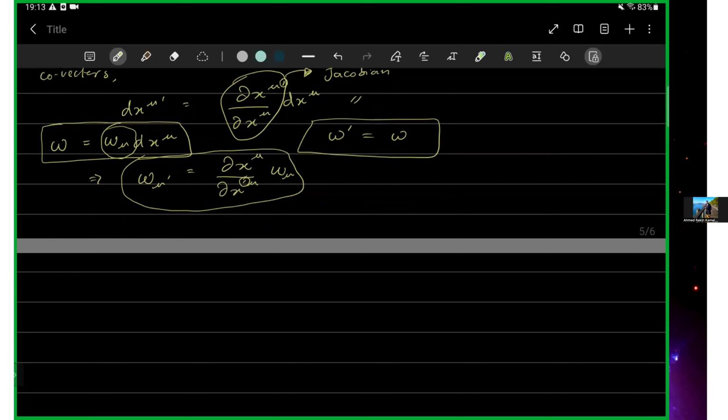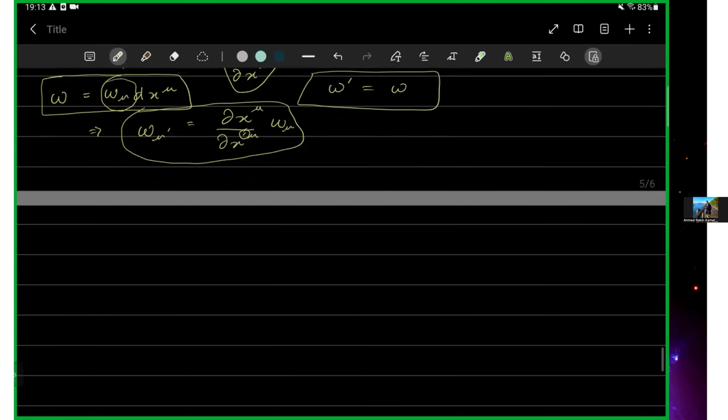Okay, so from our definitions of vectors and covectors and so on, we can now generalize this straightforwardly towards tensors. And remember that for the case of vectors and covectors, they were just linear maps, right? However, for tensors, it now generalizes to a multilinear map.